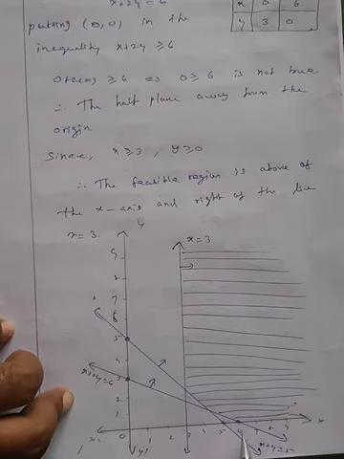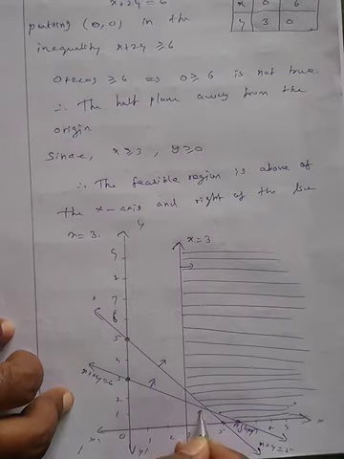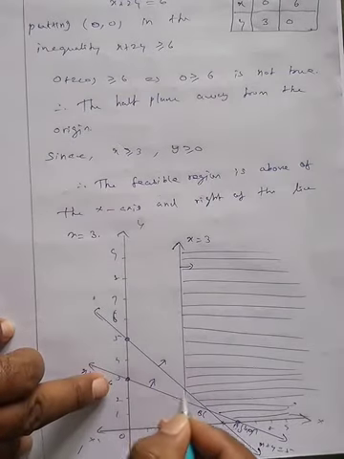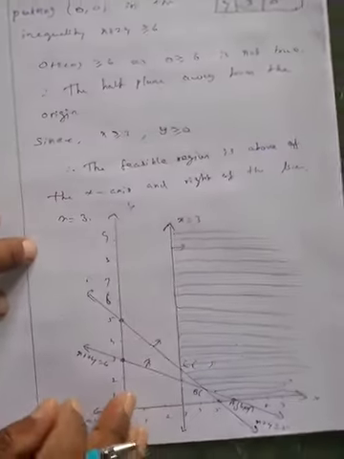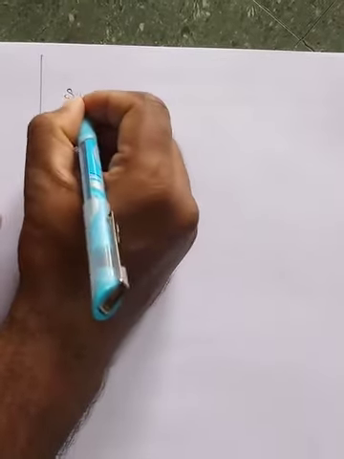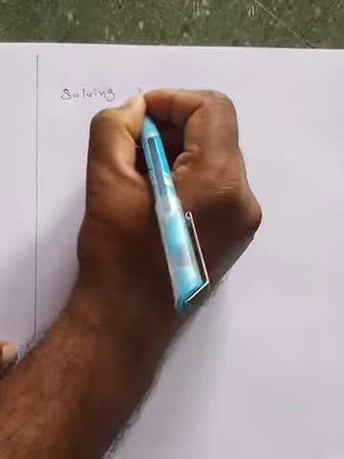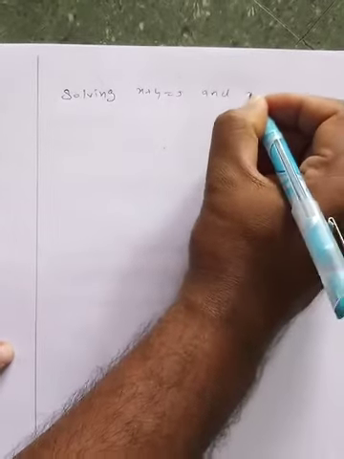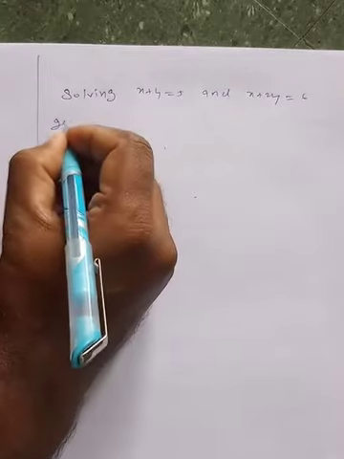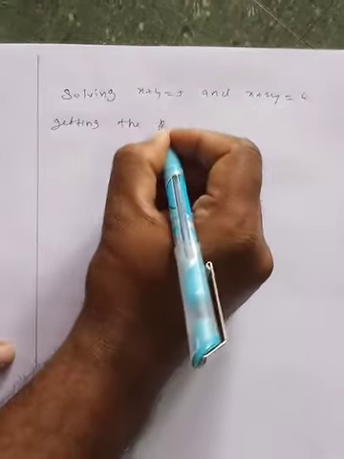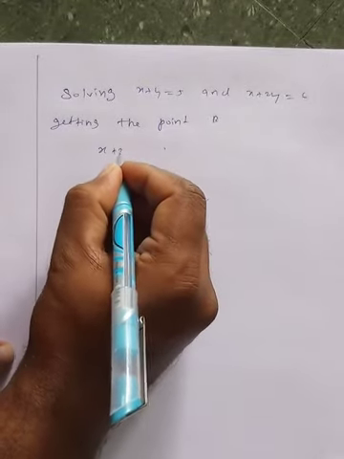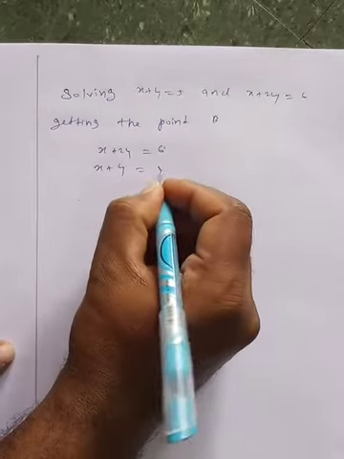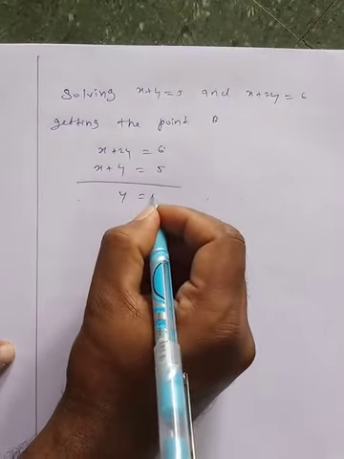Now the corner points: A is (6, 0), B is the point of intersection of x plus y is equal to 5 and x plus 2y is equal to 6, and C is the point of intersection of x is equal to 3 and x plus y is equal to 5. Solving x plus 2y is equal to 6 and x plus y is equal to 5, subtracting gives y is equal to 1.